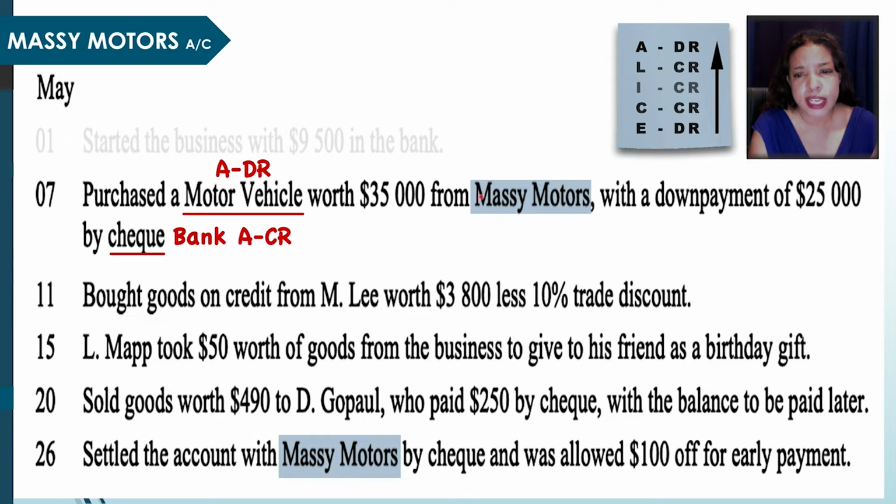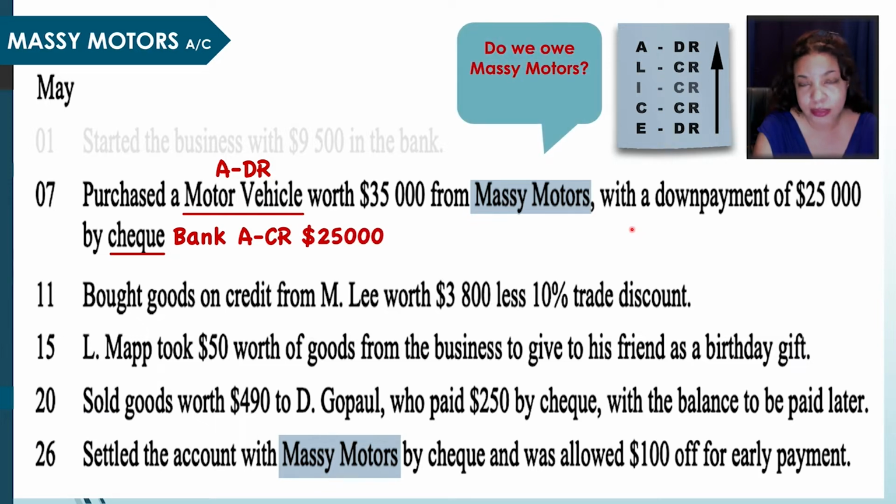Now, is Massy Motors a payable? Meaning, do we owe Massy Motors? Because if we didn't, Massy Motors would not have any transaction entered. But what you see here is the motor vehicle is worth $35,000, but a down payment was made of $25,000, which means that, do we still owe Massy Motors?